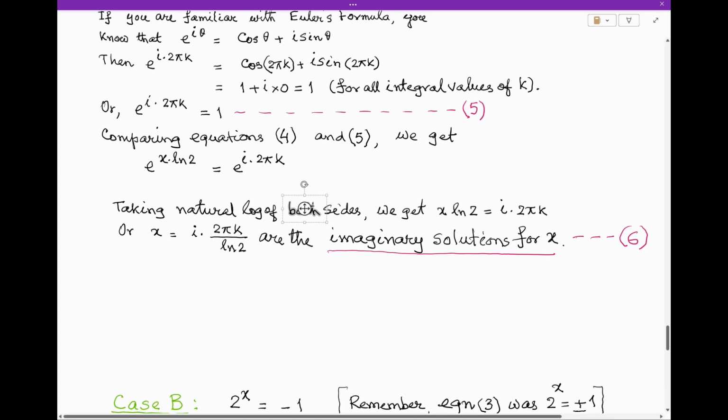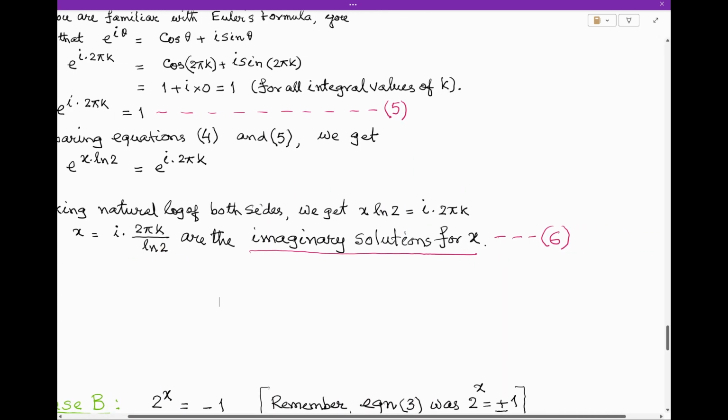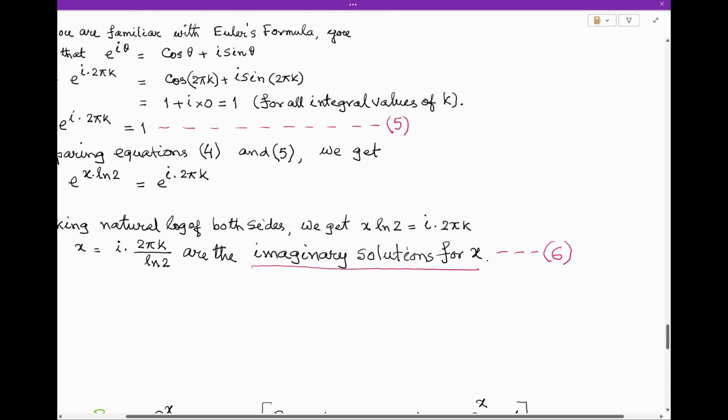Taking the natural log of both sides, we get x natural log of 2 is equal to i 2 pi k, or x is equal to i 2 pi k divided by natural log of 2, and these are the imaginary solutions for x. Let us call it equation 6.